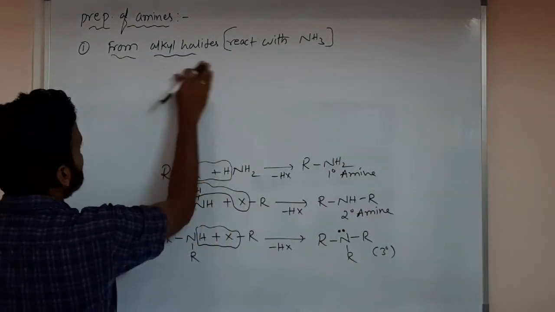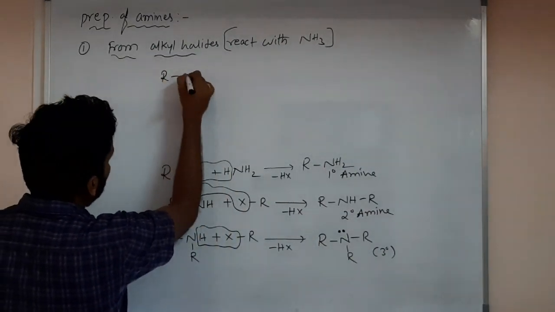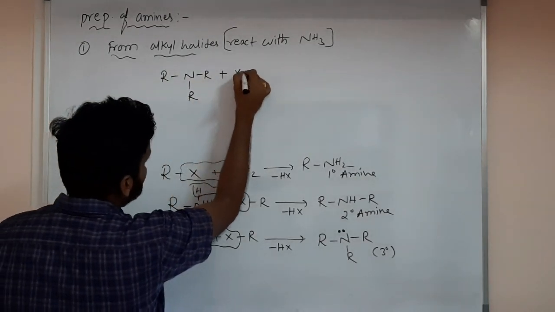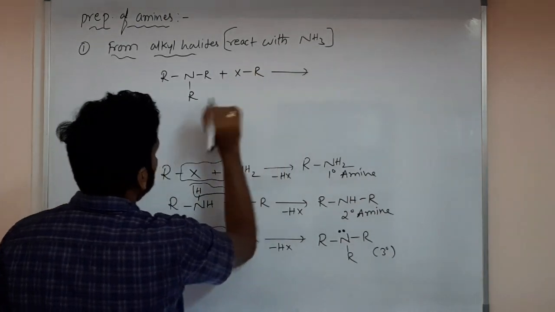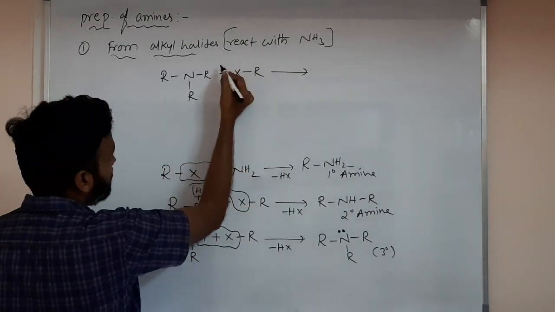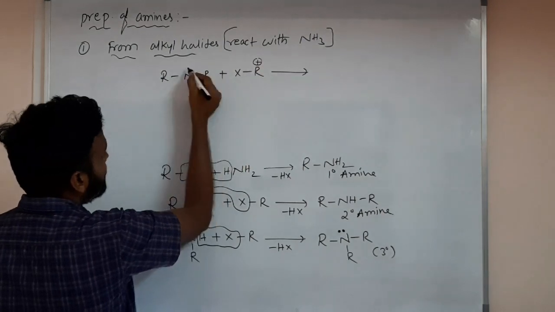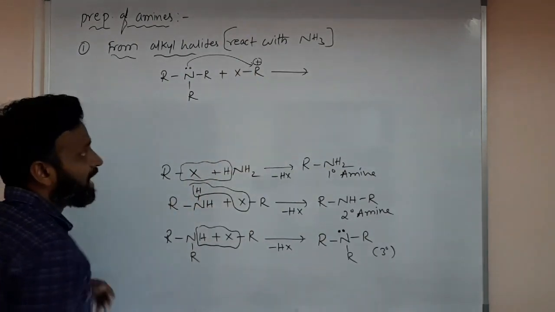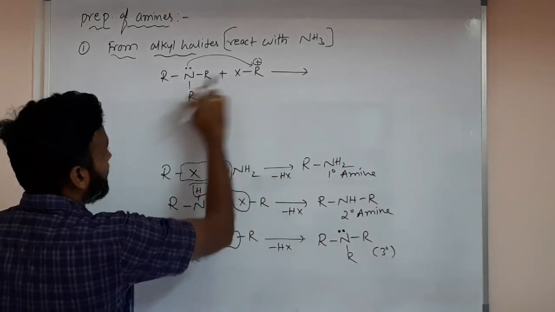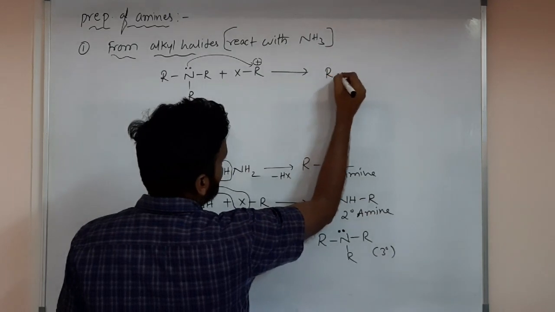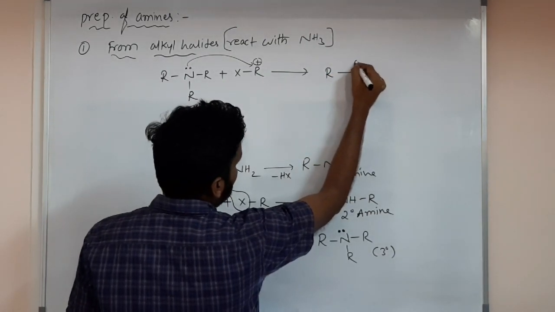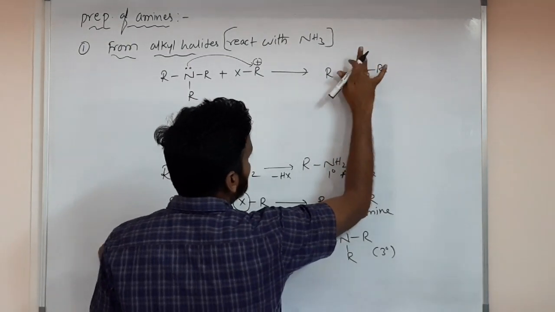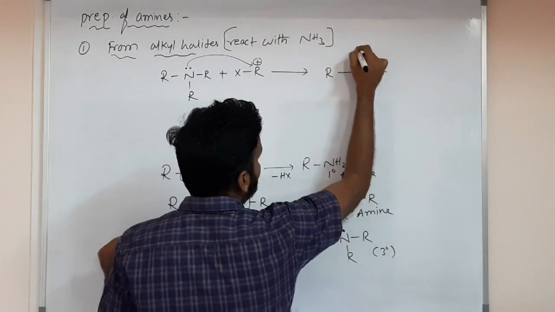Now this tertiary amine, R3N, can react with R-X. So what happens here? Very simple. X minus will go, and this is R plus. The nitrogen has a lone pair, so this lone pair is donated to this R plus, and X minus remains. So you have R, N plus, R, R and here one more R. It's like a dative bond.